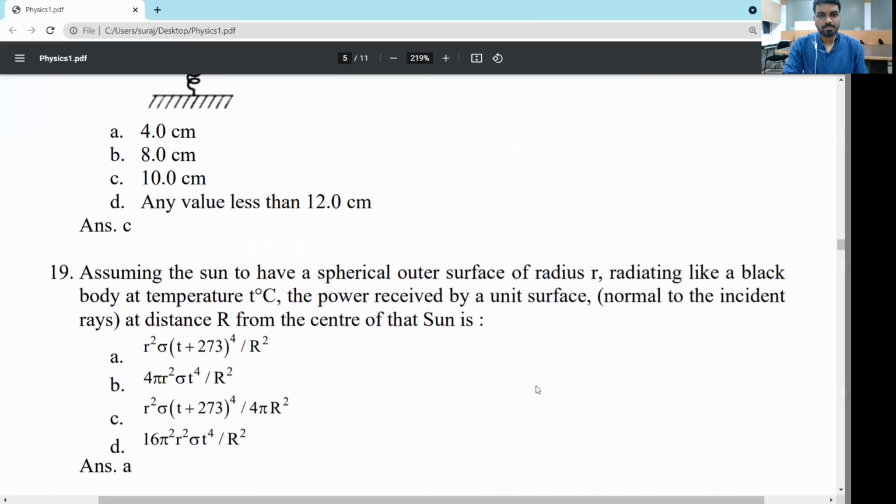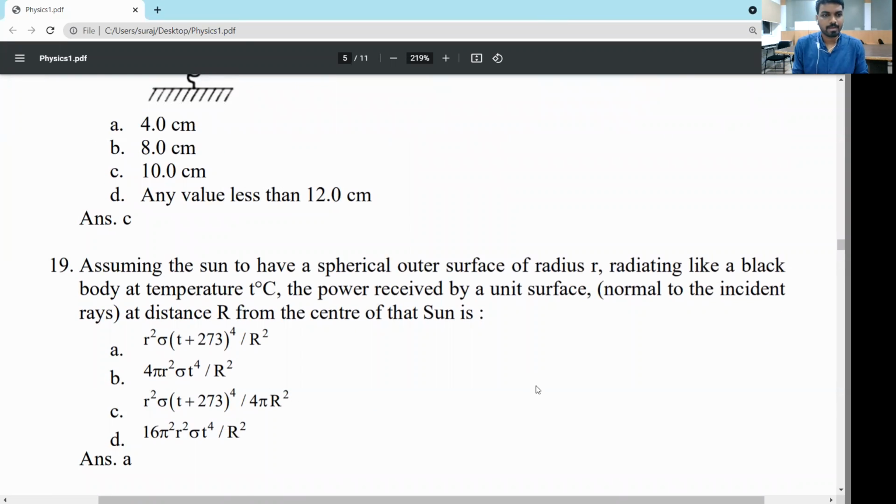Assuming the sun to have a spherical outer surface of radius r, radiating like a black body at temperature T degrees Celsius, what is the power received by unit surface at a distance R from the center of the sun? So it's a black body.